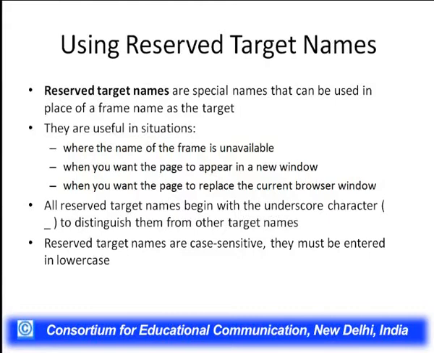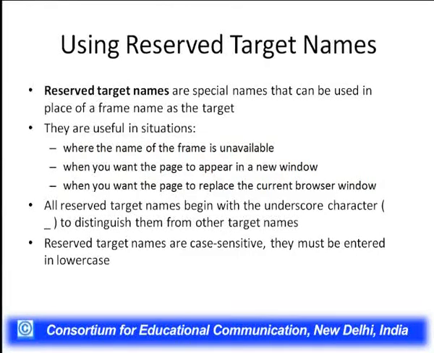These reserved target names are special names that can be used in place of a frame name as a target. There we had used the name of a frame like textos. Now, we want these reserved names to be used for specific locations where we want the linked file to open. These are useful in situations where the name of the frame is unavailable, or you want the page to appear in a new window, or you want the page to replace the current browser window. All reserved target names begin with an underscore character to distinguish them from other target names.